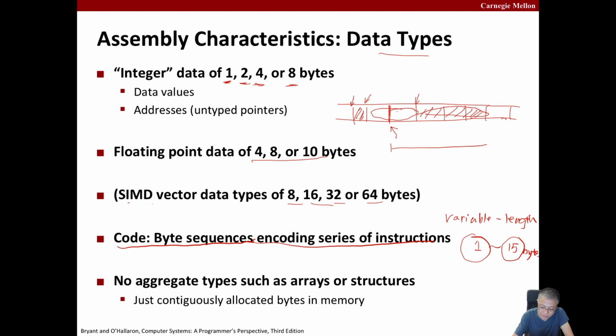But when you try to jump into the middle of an instruction, now your instruction starts here. It could be, say, 2 bytes. Now your next instruction starts here. Now suddenly you have a very different sequence of instructions than the original program. Okay. So from the point of view of assembly code, there is no data type such as arrays or structures. It's all bytes of data in the memory.